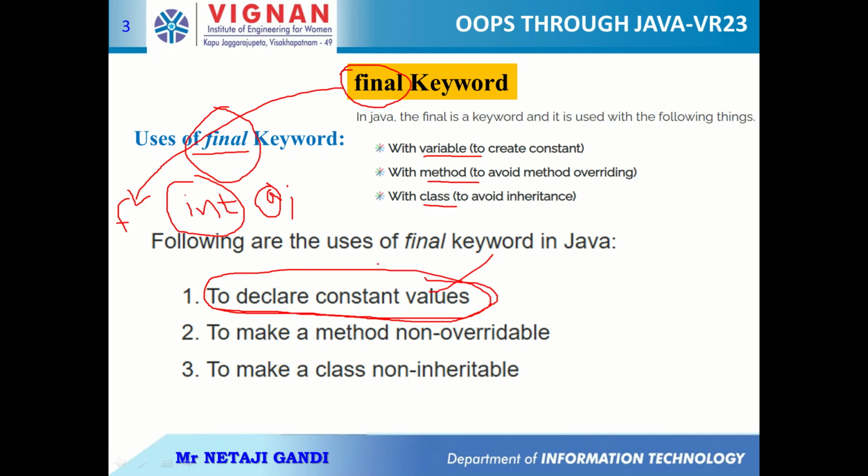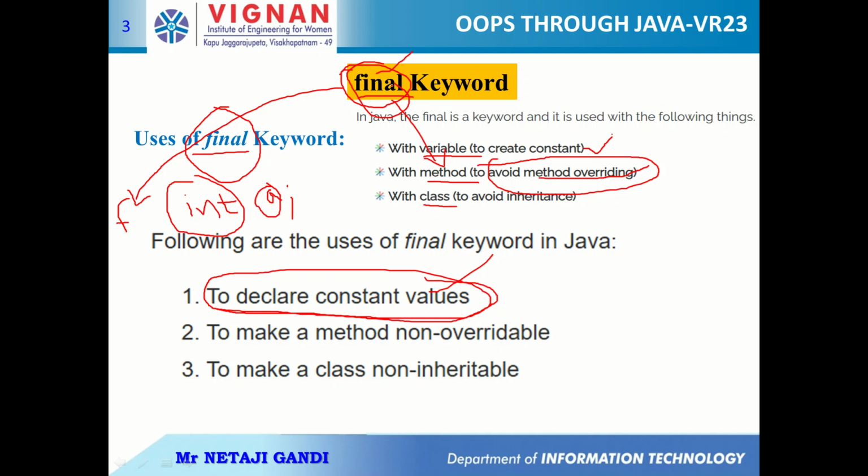So the very important point to remember is, if you apply the final keyword to a method, that method cannot be overridden. To avoid method overriding, we can apply the final keyword to the particular method. Let us take examples. Each and every point can be explained with an example, don't worry.